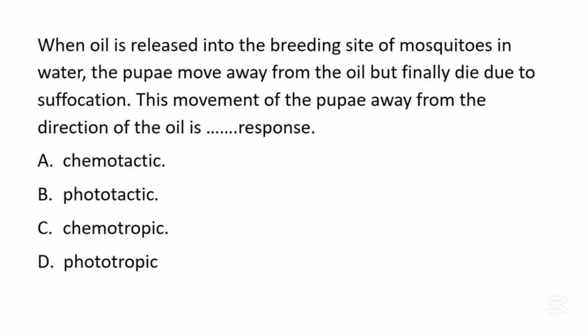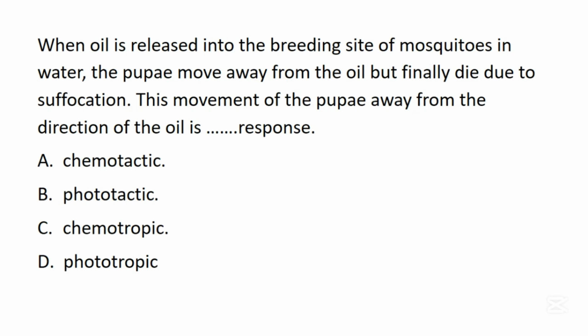The next question says, when oil is released into the breeding site of mosquitoes in water, the pupae move away from the oil but finally die due to suffocation. This movement of the pupae away from the direction of the oil is dash response. A. Chemotactic response. B. Phototactic response.